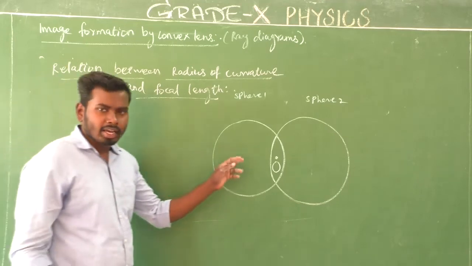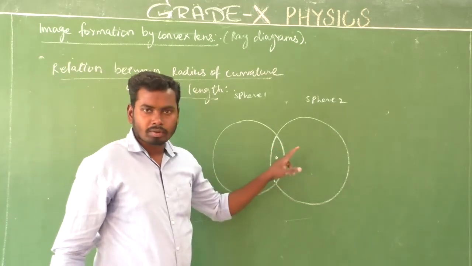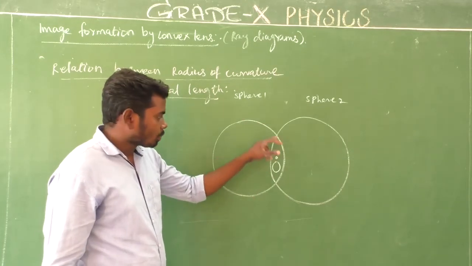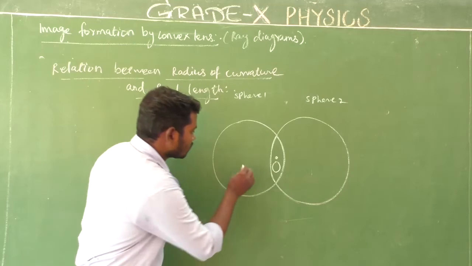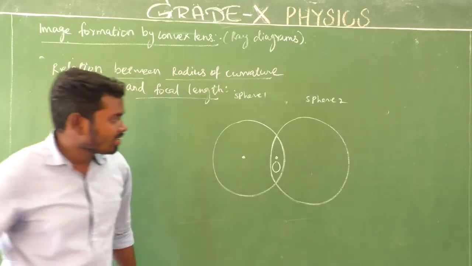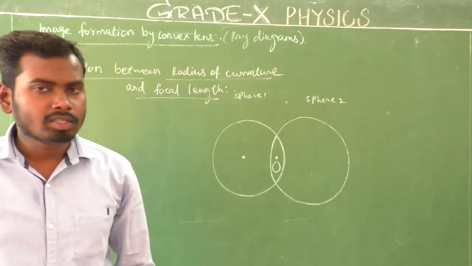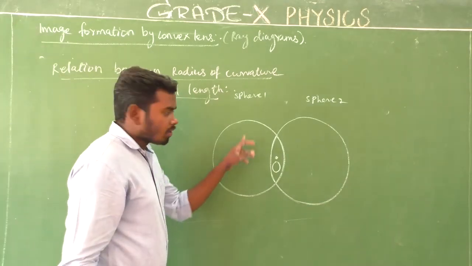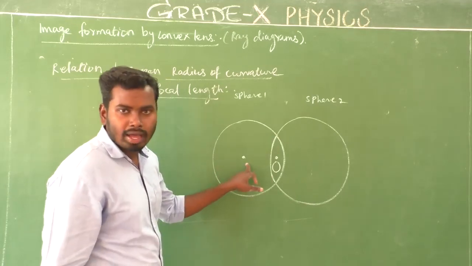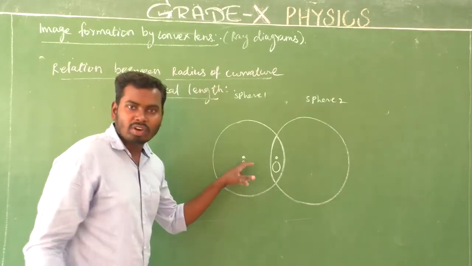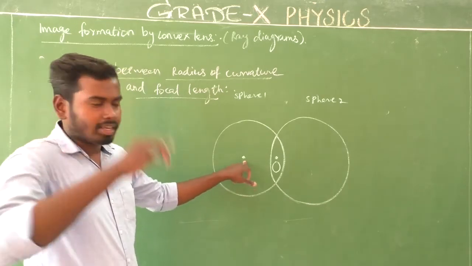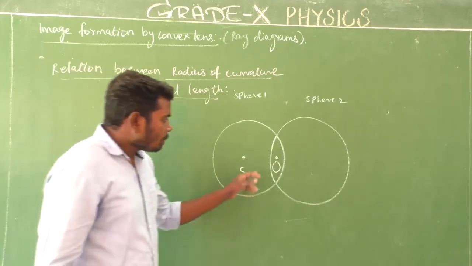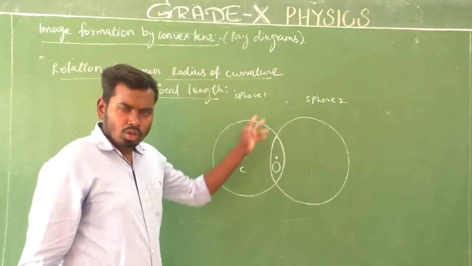Next, look at here. This is one sphere and that is one sphere. The first sphere has a center, known as the center of curvature, denoted by the letter capital C. But we have two spheres.